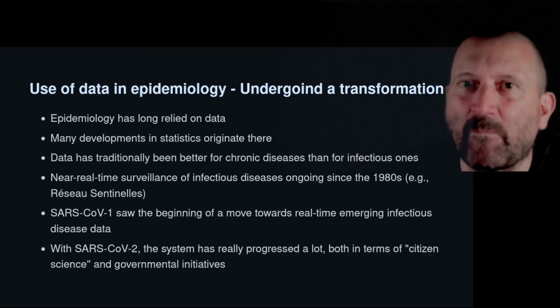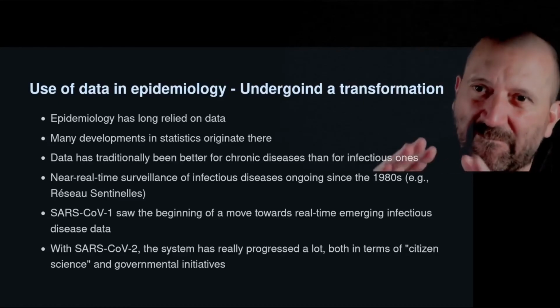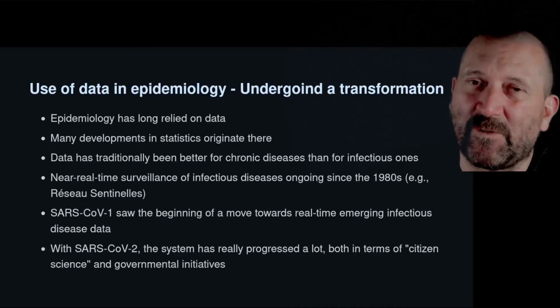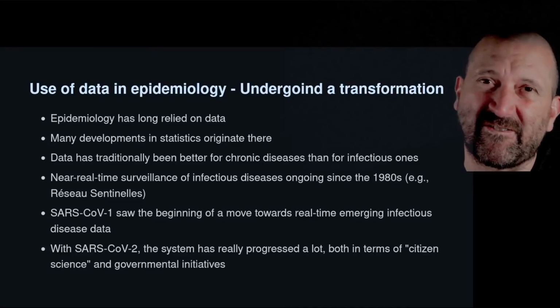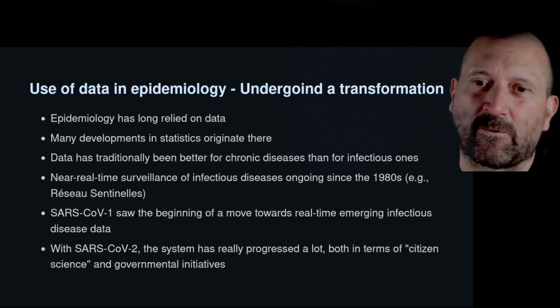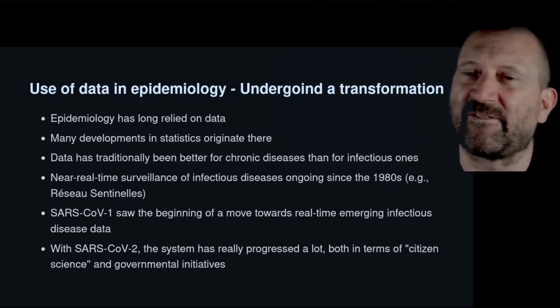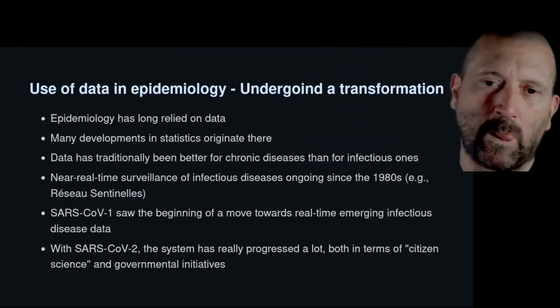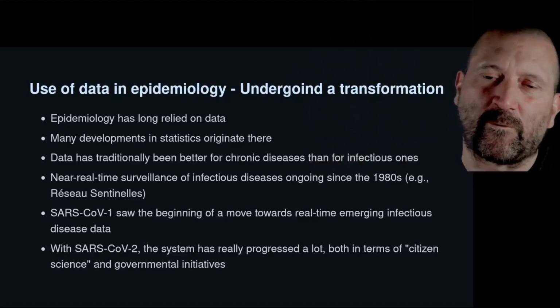The problem that we have with infectious diseases, which this course is about, is that the data we have for infectious diseases is typically not of the same quality as the data we have for chronic diseases. For chronic diseases, because patients remain infected their whole life, there's much better tracking.